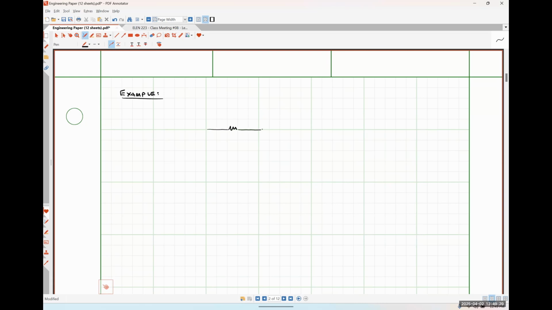That's going to be my resistor. This is going to be my inductor. Let's throw a simple switch here that's going to close at t equals 0.